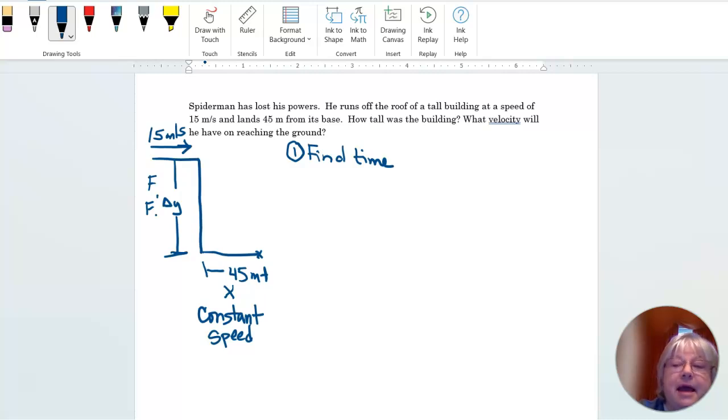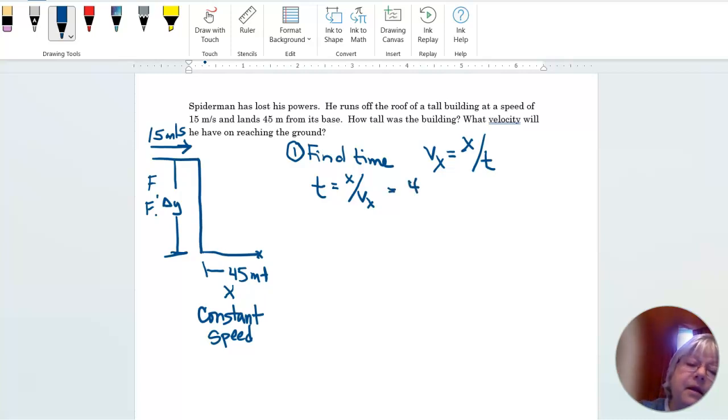I know my X direction, and I know my speed in the X direction. Since we have constant speed in the X direction, we can say Vx equals X over T. And that means that T is X divided by Vx.